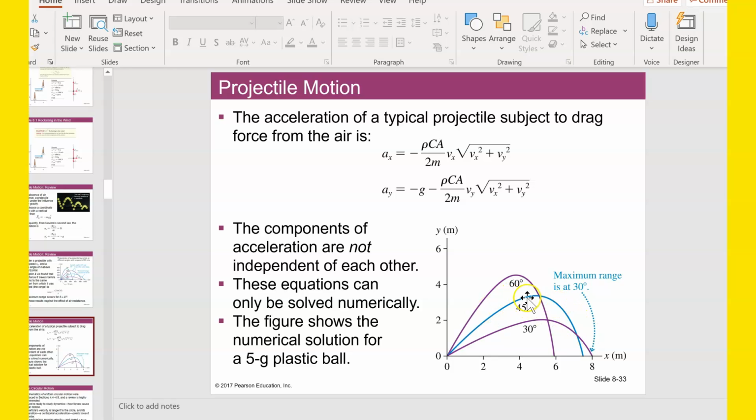The fact that it's going to be going slower and slower and slower horizontally because of that drag force makes it no longer symmetrical, which then makes the maximum range occur at something less than 45 degrees. In this particular drawing, it's at 30 degrees, but it's not necessarily 30 degrees. It depends on what the drag force is. But it's always going to be something less than 45 degrees.